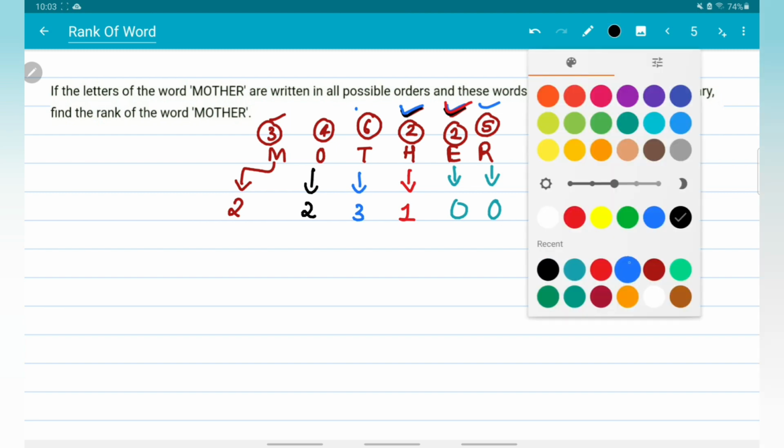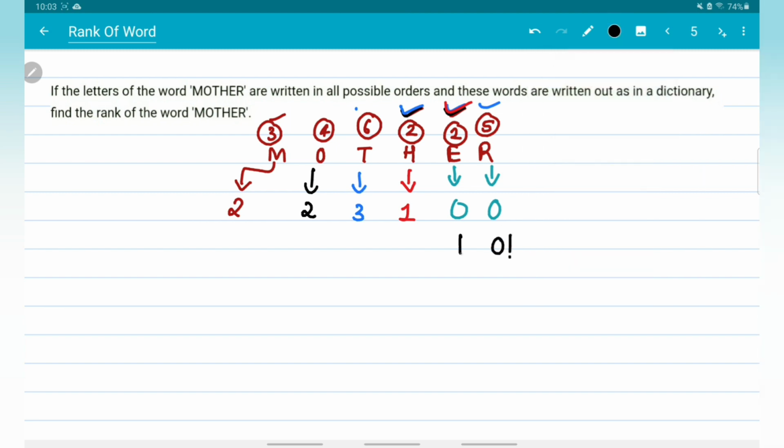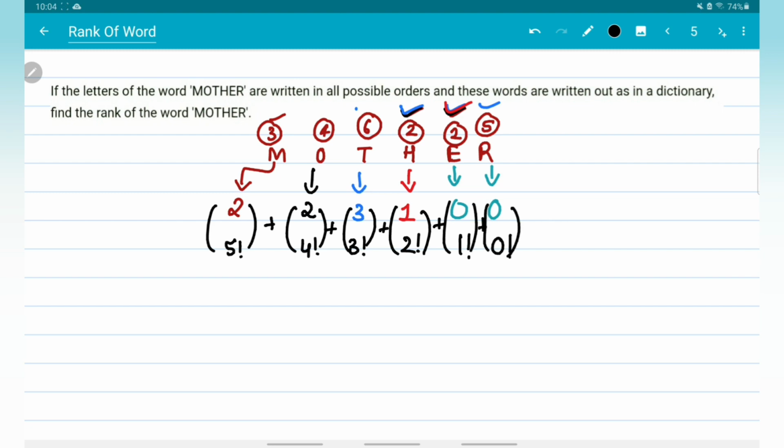Now again I'm going to follow the same procedure. From the right side I'll write 0 factorial, 1, 2, 3, 4 and 5. Now I'm going to multiply them and add. Okay, top and bottom multiply and add.